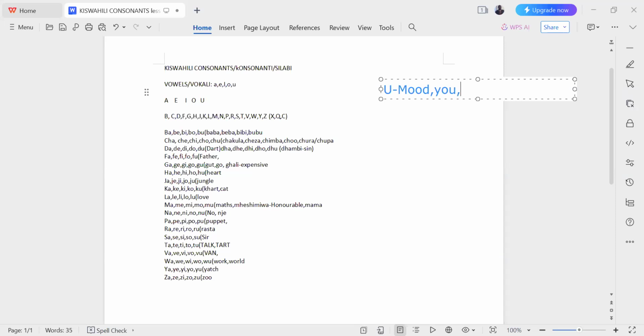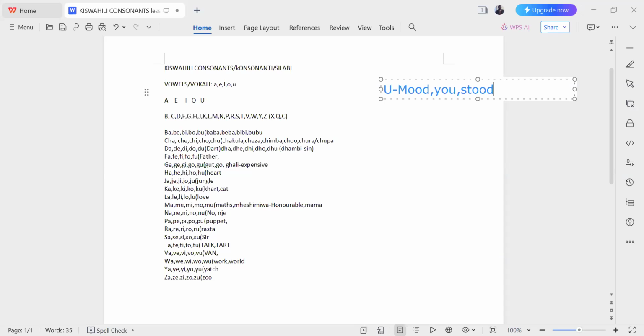Okay, that's fine. So the letter U, the last vowel, is a combination of double O's in English. How you combine double O to produce the sound U is how the last vowel in Swahili is pronounced.